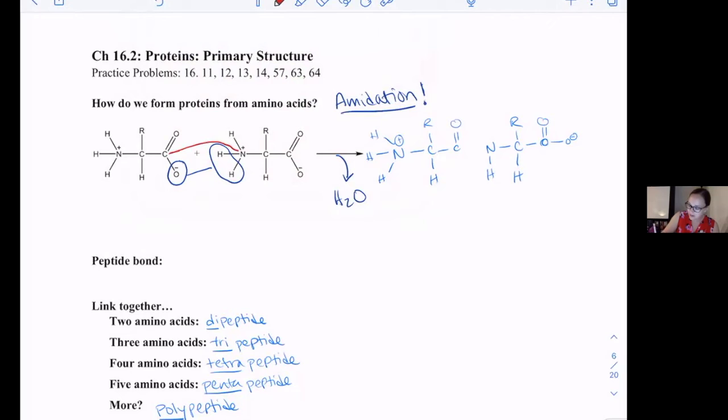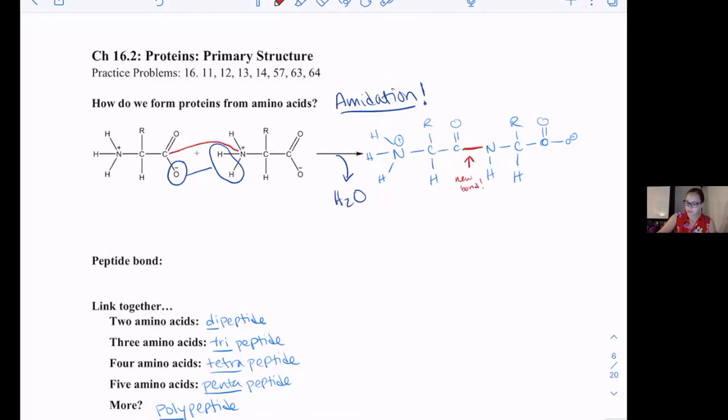As you can see here, I kind of cheated and started out my structures. This is the new bond that we're making. We have our C double bonded to an O, making a new bond to our nitrogen from the next amino acid. So this is our new bond that we made. We release water out of the reaction.